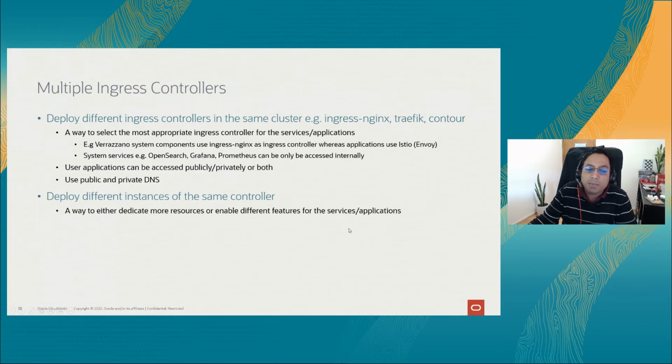Maybe you have different applications running inside the same cluster, but they are being operated by different teams, or they might need more bandwidth. So you might want to set the bandwidth shape to be different. Or you might want to expose certain services on a private network only.